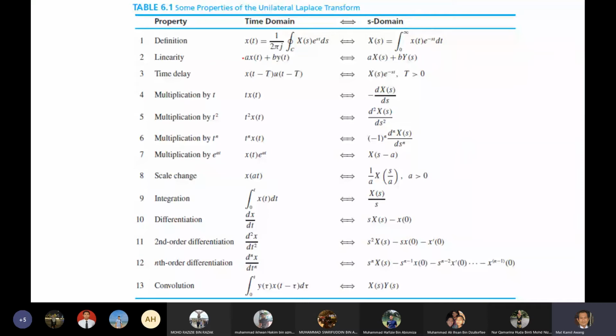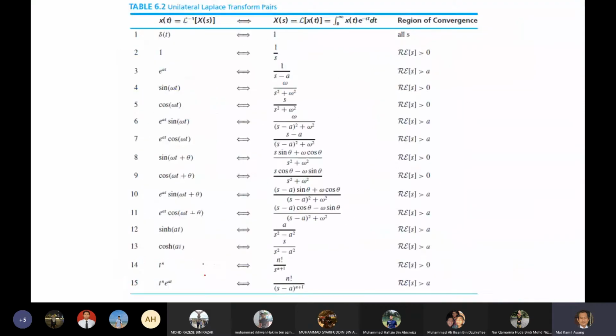You have linearity properties, time delay, multiplication, some of which we are going to use in the questions. Linearity we're going to use, and maybe this one and this one.